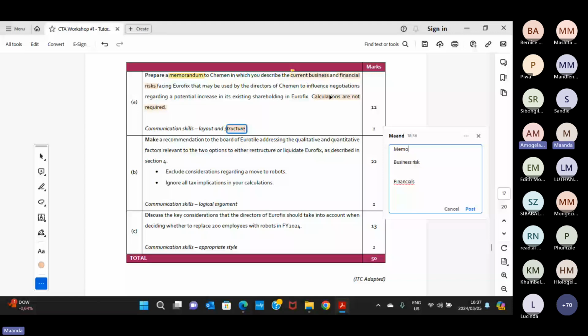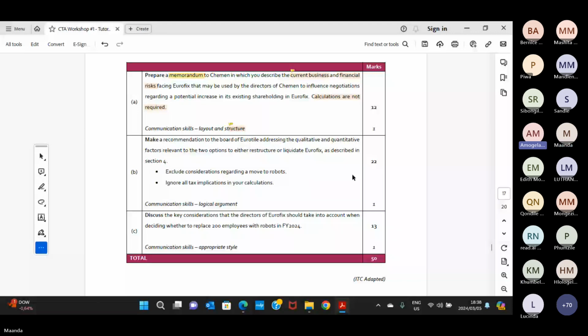Sorry, sir, can I disturb you a bit? Sure. Yes, with regards to, good evening first. With regards to the verbs that are used in a question, especially for management accounting, maybe throughout the session or maybe at the end, could you explain to us what exactly we are expected to do with regards to those verbs?